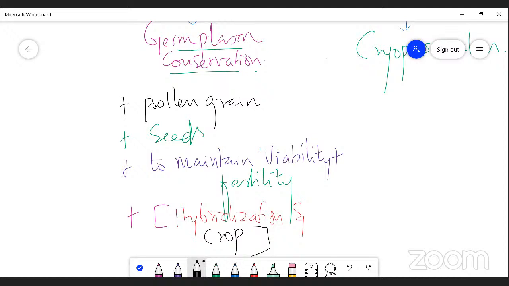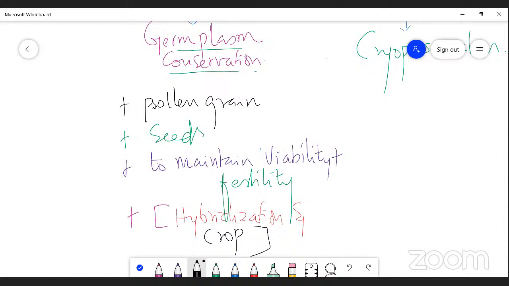In order to supply good or very vigorous seeds for the next generation, seeds can be preserved or conserved with the maintenance of viability and fertility for a long duration. Not only that, in order to increase hybridization and crop improvement in plants, these pollen grains and seeds are protected or stored.